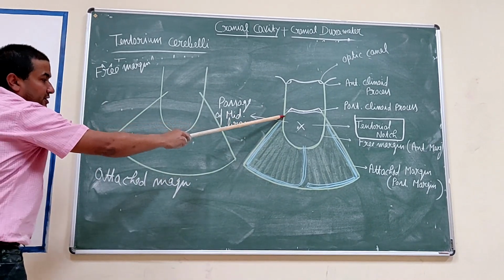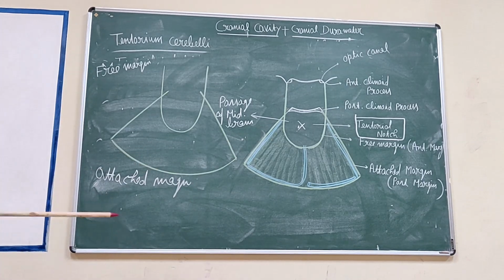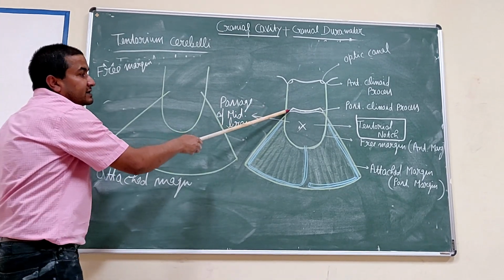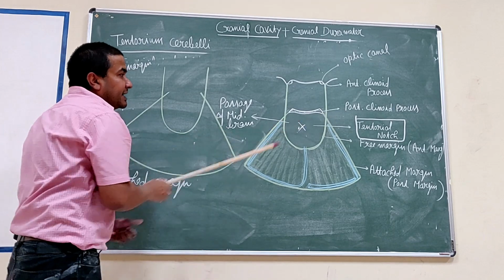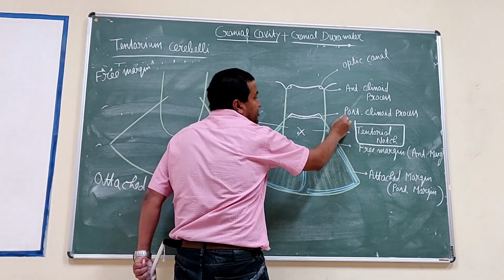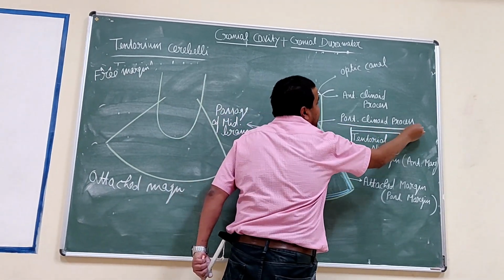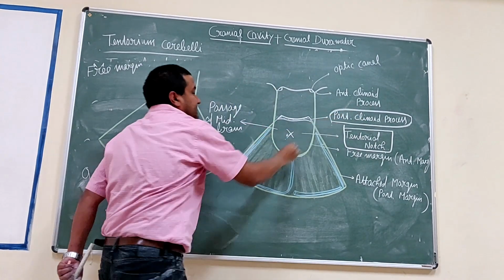From anterior to posterior, if you go anteriorly, its end is attached to another bony structure, that is the posterior clinoid process.